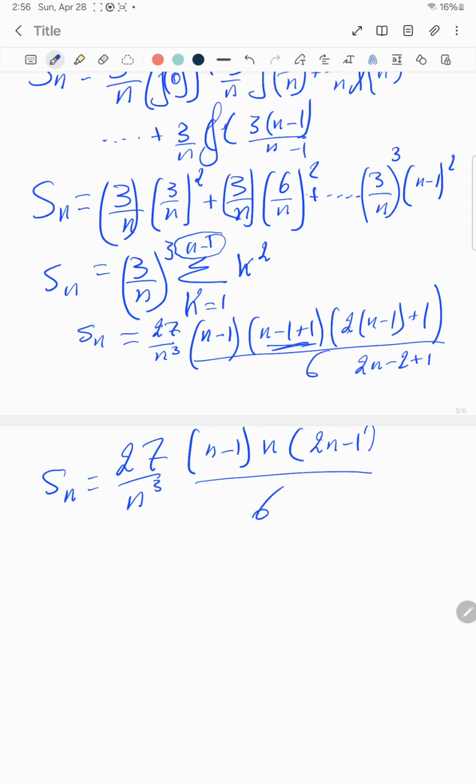And that's my area under the curve when I divide it into n rectangles. And the answer is u square, unit square.